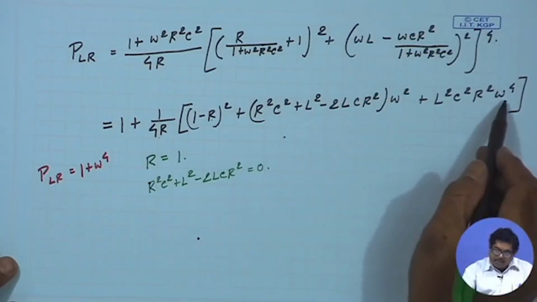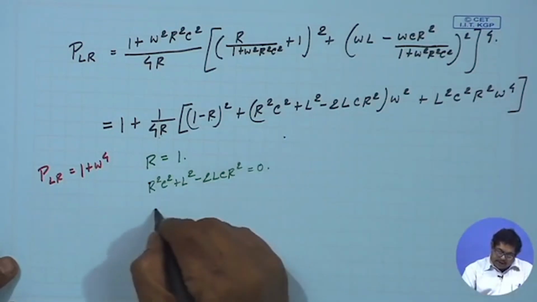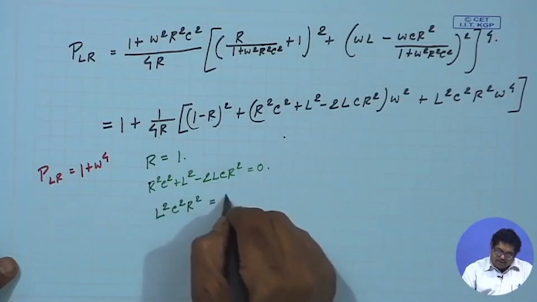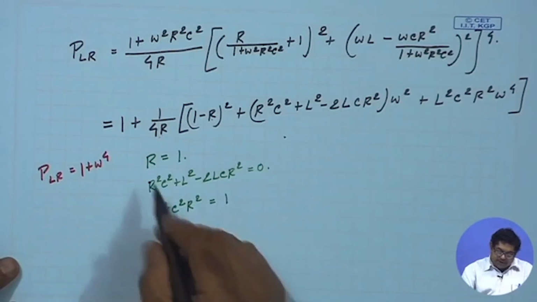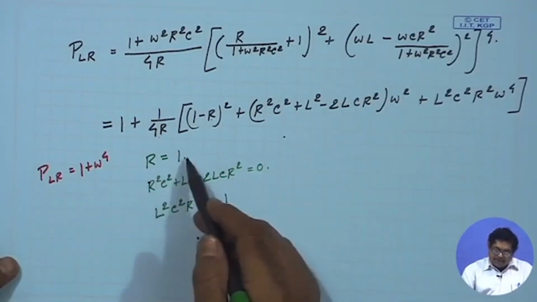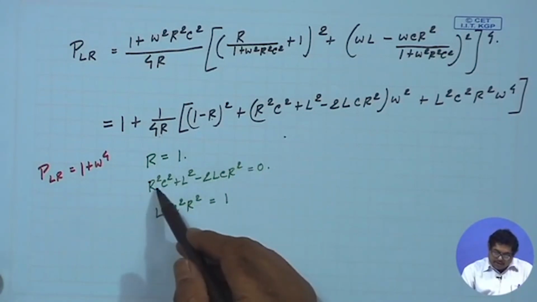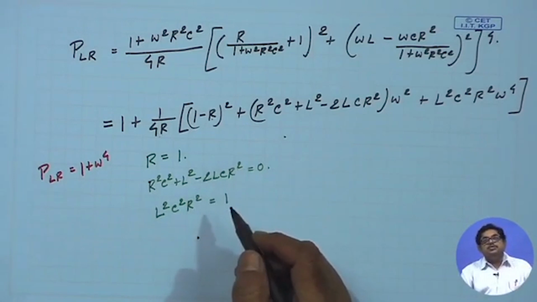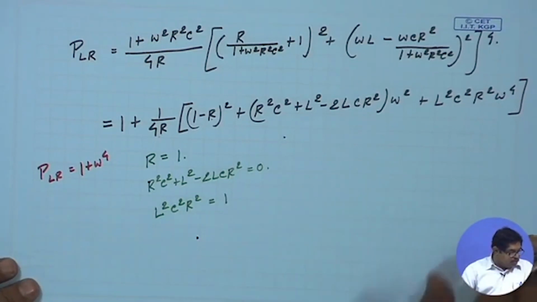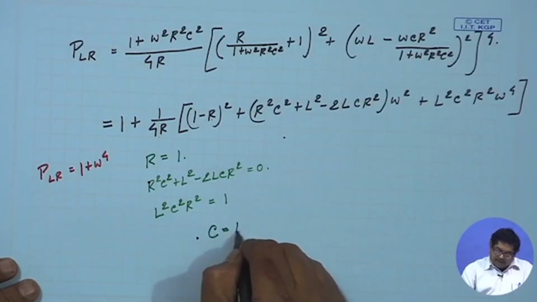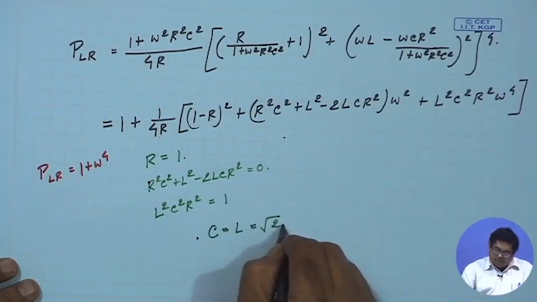And by comparing omega 4th, I can see that L square c square r square should be 1. So these are the three equations, and r is already solved. I can put in these values, so I have two equations to solve for L and C, and if you do that, you get C and L are root 2.